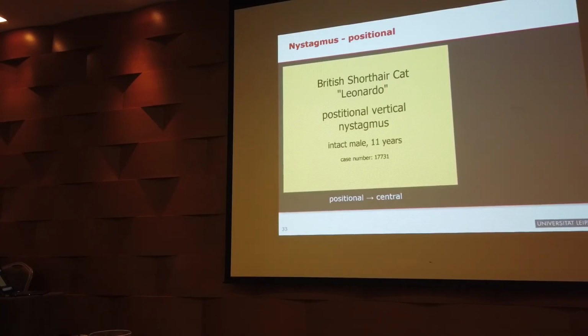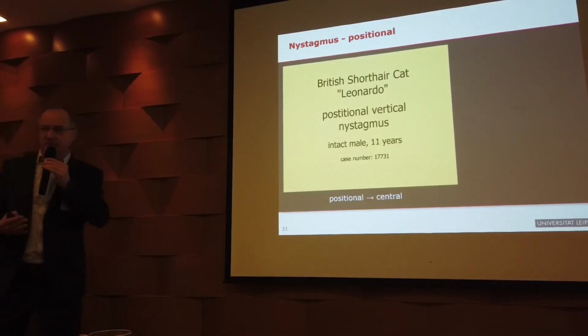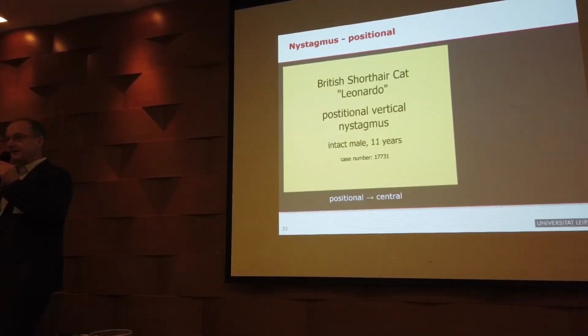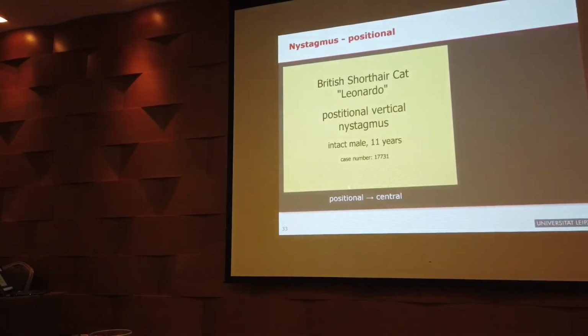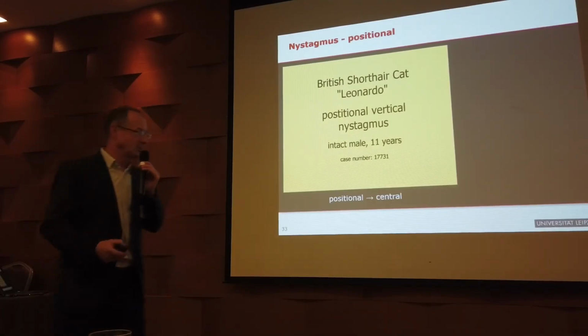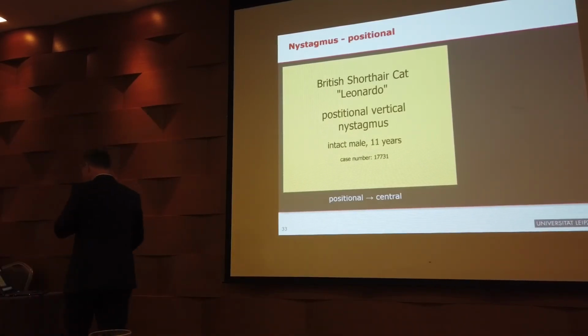One easy way would be to lift up the head, and you may induce a nystagmus, or it may change the direction from, let's say, horizontal to rotatory. Or what is even worse, and that's what we usually do, turning the animal on the back. If we see that, then it's more likely to be a central problem than a peripheral problem. It's not a black and white decision, but positional nystagmus is more likely seen with central vestibular disease.